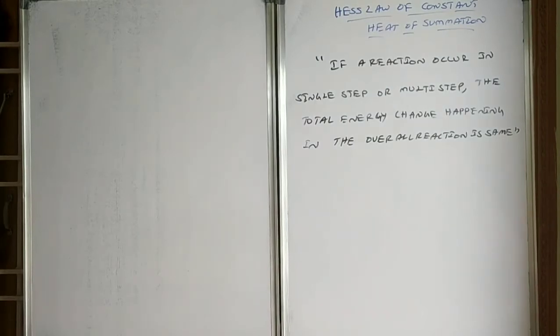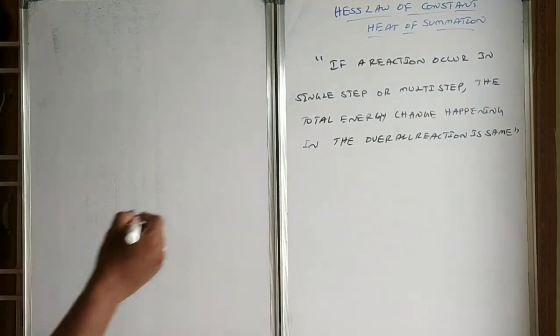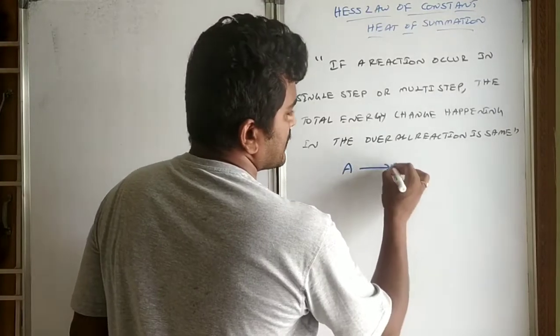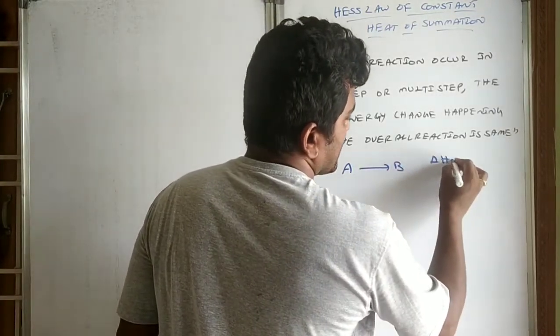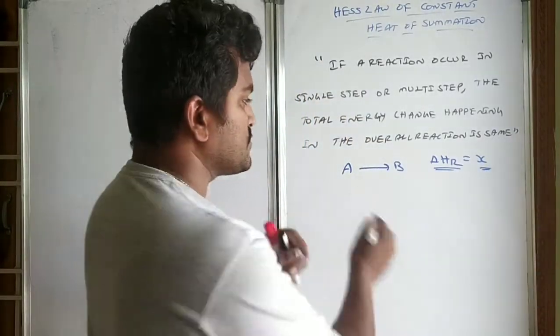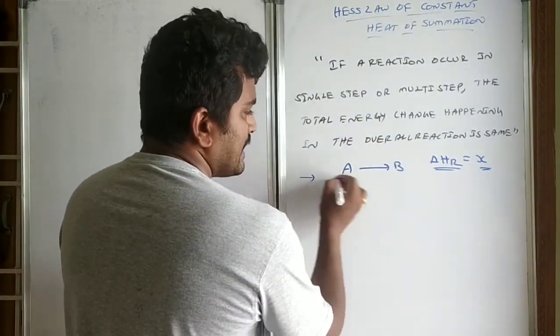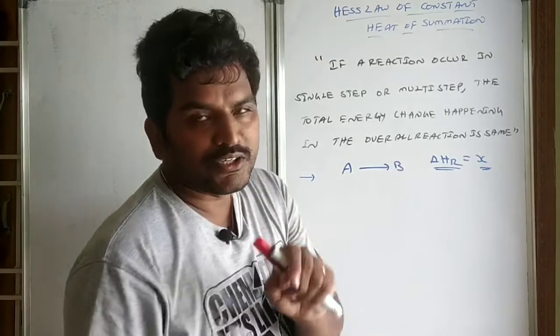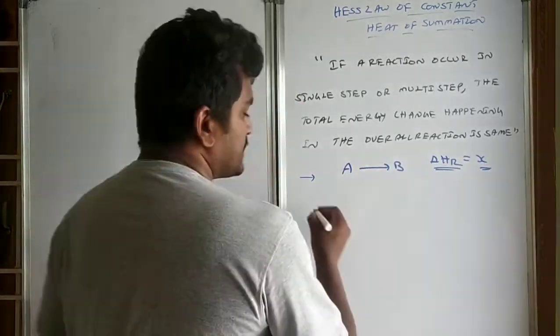Let us see a chemical reaction. A gives B. Let us take the enthalpy of reaction as X. This is a single step, one path where A will be directly converted into B. There is another method.